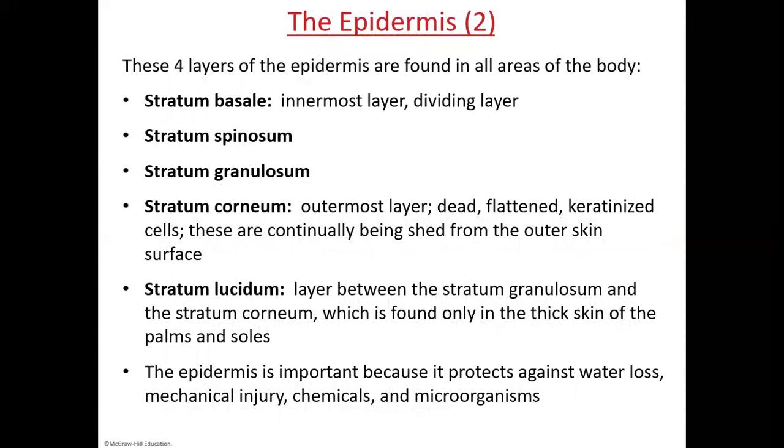Okay, the next layers in order from deepest to most superficial are the stratum spinosum, the stratum granulosum, the stratum corneum, and the stratum lucidum. Sorry, the corneum is the outermost layer. The lucidum would come between granulosum and corneum, but only when it's actually present.